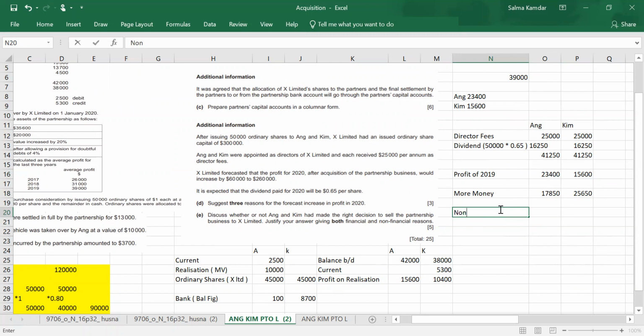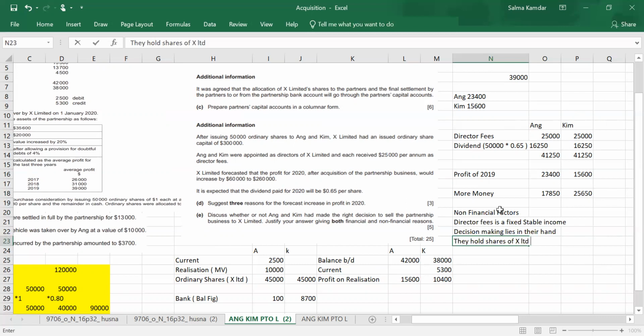The non-financial factors would be: both are getting director fees. Director fee is a fixed stable income. Since they are the directors, decision making lies in their hand. And they hold shares of X Limited.